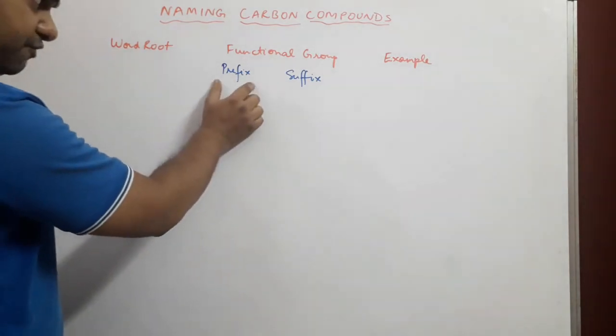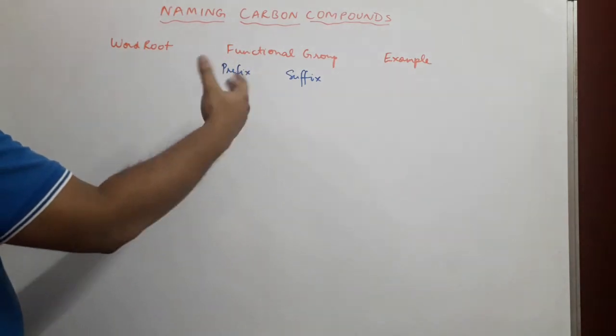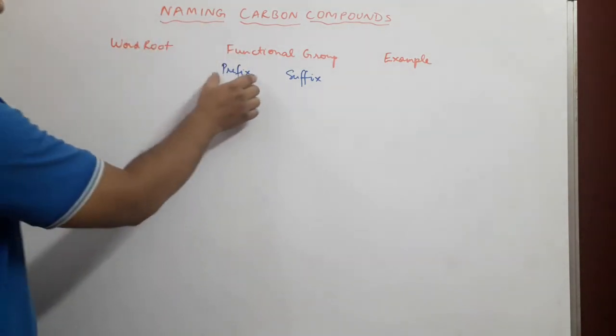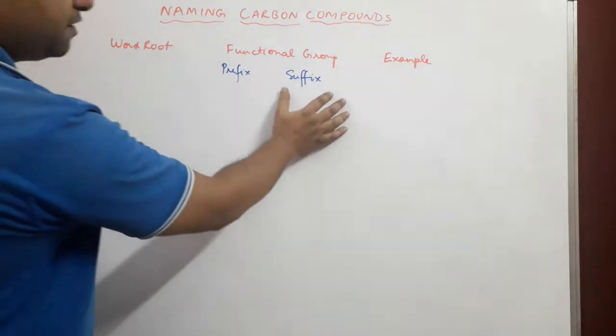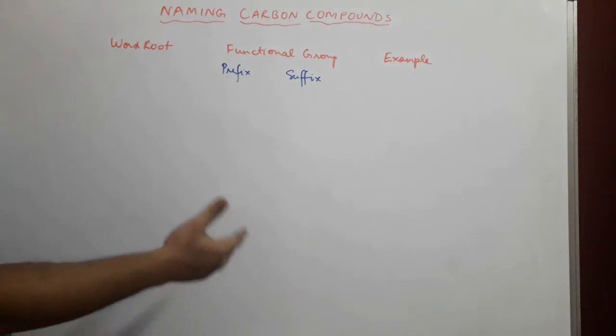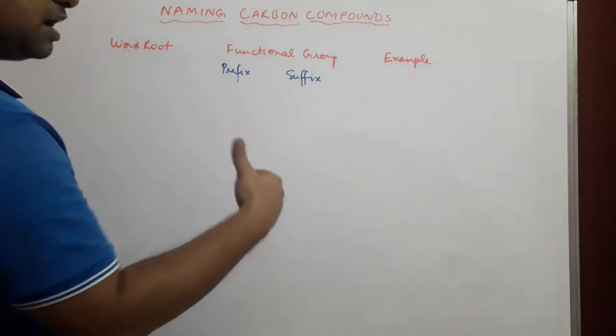In case of prefix, like how you have preliminary exams or prelims, that is an exam before the main exam, so it is preliminary. And then you have suffix, like how you have successor. A successor is somebody who succeeds you, that means comes after you.